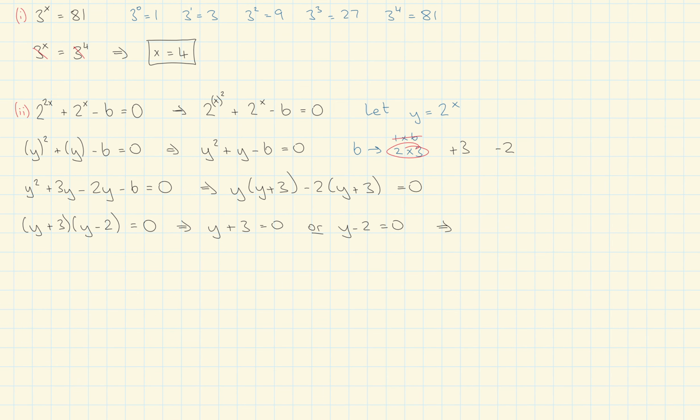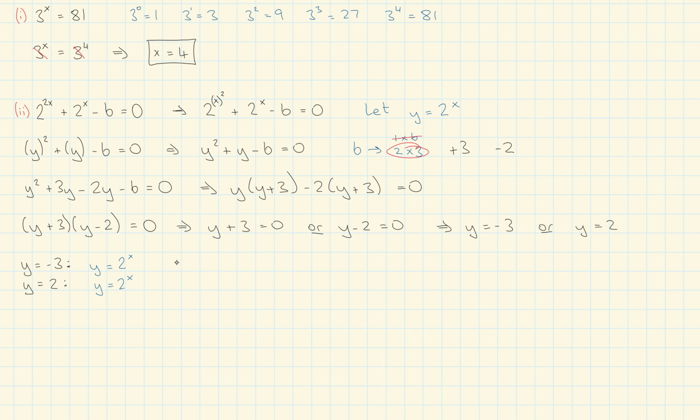So we have two answers here as it was a quadratic. So y equals minus 3 or y equals 2. So we have two cases here and we'll deal with them separately. So we had said we were going to let y equal 2 to the power of x.